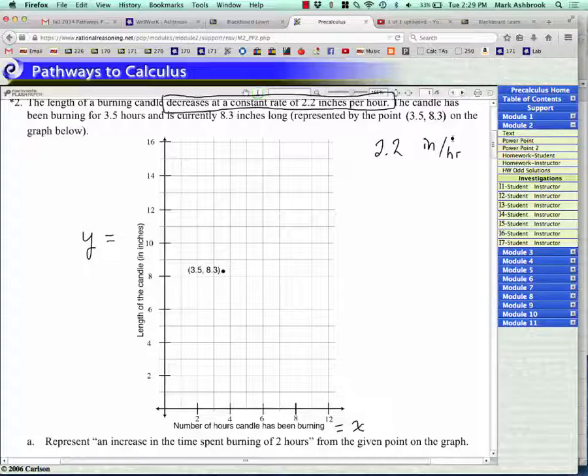Who's been paying attention? Everyone try it by yourself, and then once you think you got it, if you want to have a conversation, can you write that number 2.2 in terms of x and y? Make sense of that in terms of our variables.